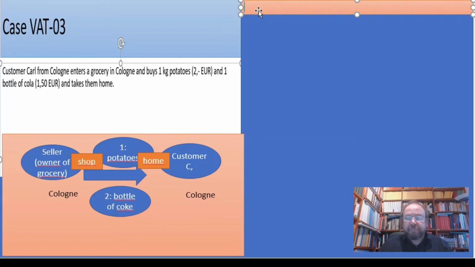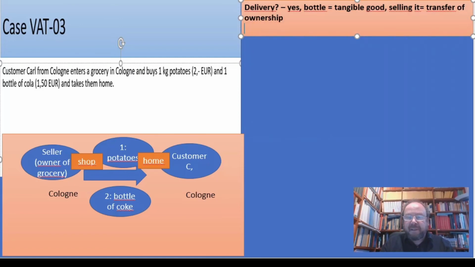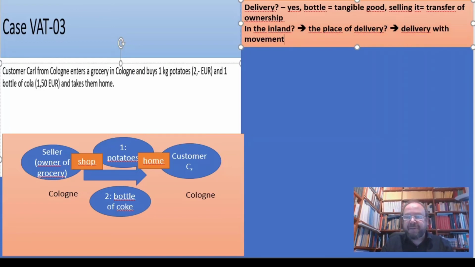Now, is it a delivery? Yes, the bottle is a tangible good, and selling it is a transfer of ownership. Is it in the inland? For this, you have to look to the place of delivery, and here you again have a delivery with movement of the good. The good is not left in the shop. 3, 6, sentence 1.